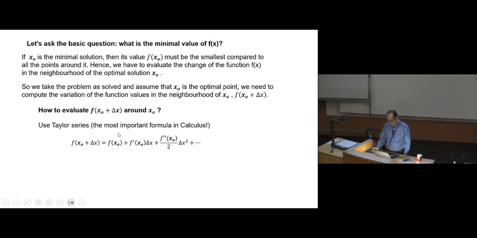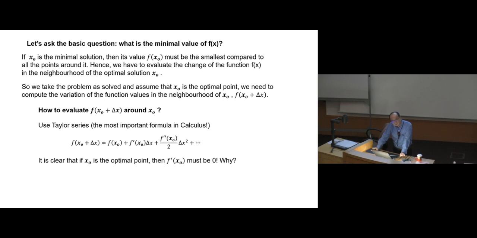Now, if you look at this expression, it should be clear that if x0 is the optimal point, then this first order derivative must be 0. Is that clear?